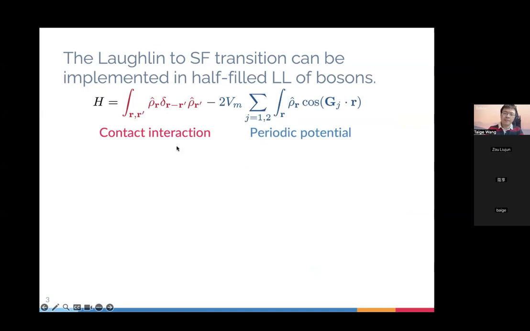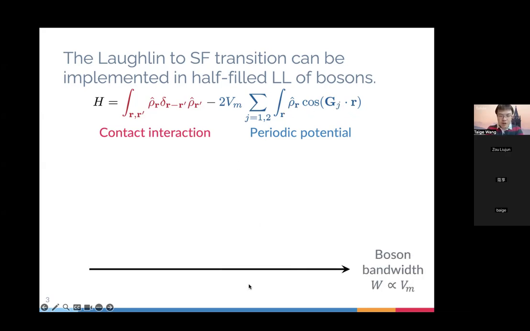And the second part I add is the periodic potential. Due to the special magnetic algebra in Landau levels, all I need to do is add a periodic potential. It couples to the density operator rho(r), and it's periodic in the sense that I have a lattice constant a and reciprocal lattice vectors G_j. The transition I want to study is by tuning this periodic potential V_m.